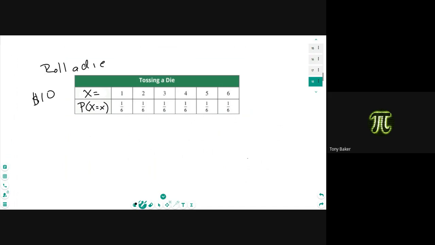So what's the expected value for rolling a die? Or are you all getting stuck on your fractions?